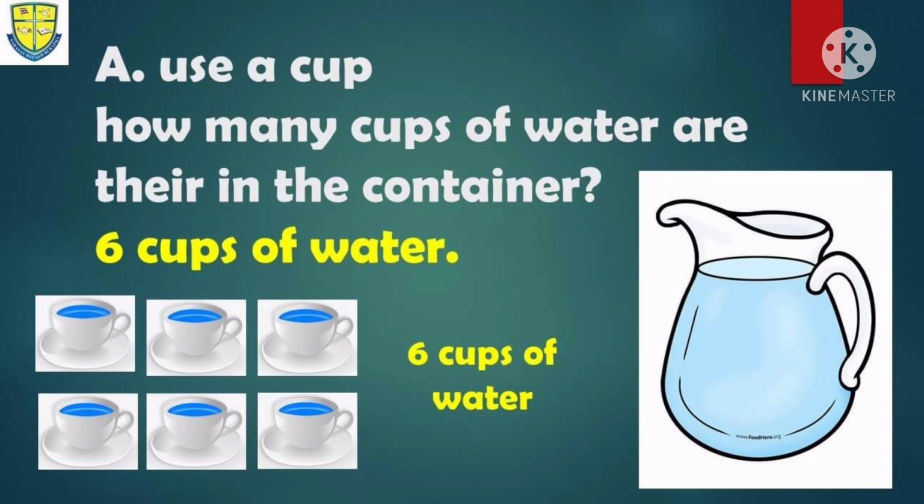Again, the answer is 6 cups of water. So the water inside the container can fill exactly 6 cups. So our answer 8 cups of water is wrong because the correct answer is 6 cups of water.